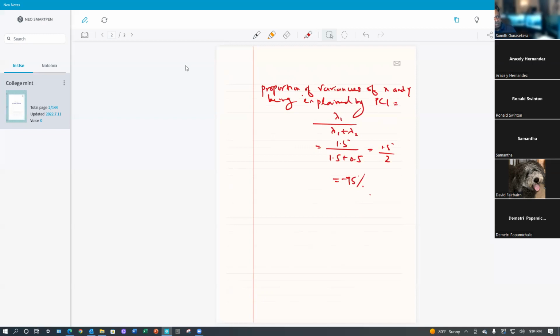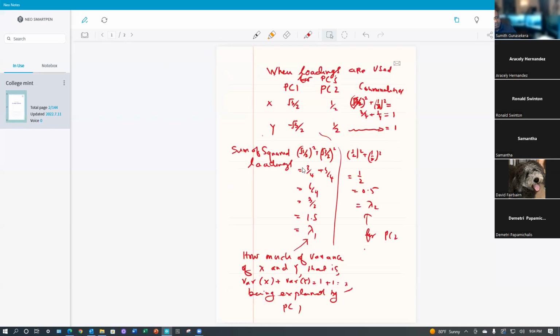In a similar fashion, if you take x and y into account, but if you go to this one, x, how much is explained by PC1 as a fraction, 1/2. How much of the variance of x and y is explained by PC1 and PC2? That's true because its variance is over here.